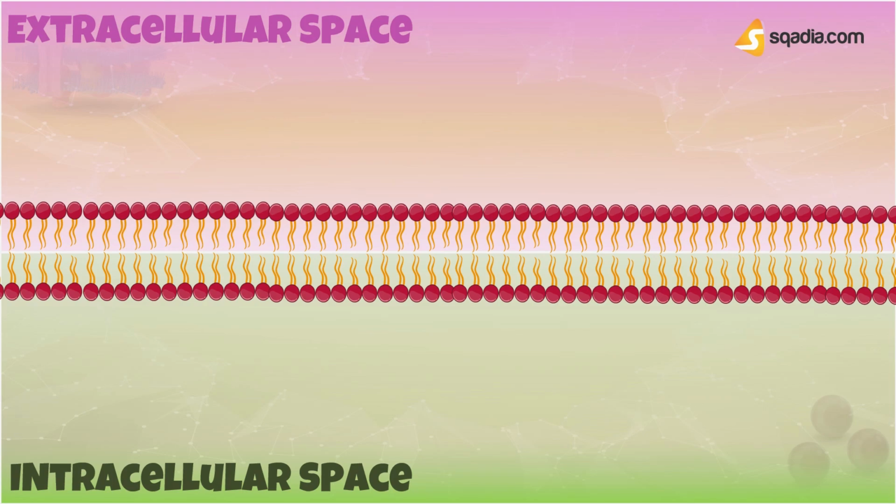Now, how is this membrane potential created? Well, my students, there are several ions inside and outside the cells. Their concentration decides whether the overall charge on the cell is negative or positive. There are several ions in our body.